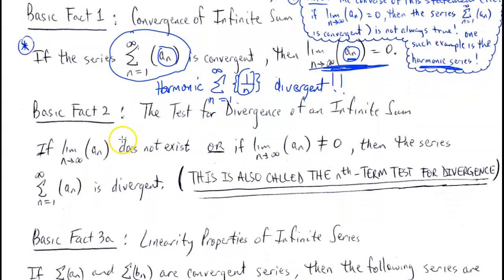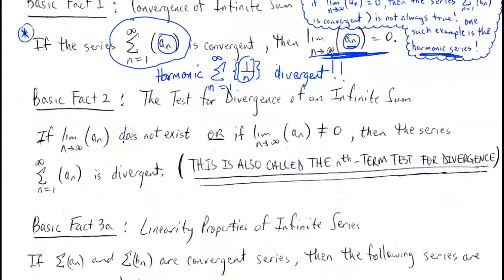All right, the second basic fact is, in my opinion, the most important of the three, because it gets us in the ballpark of knowing whether an infinite series is going to be convergent or divergent. It sets the stage to say you're going in this lane or the other lane.